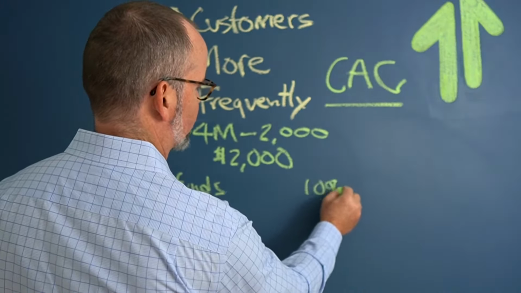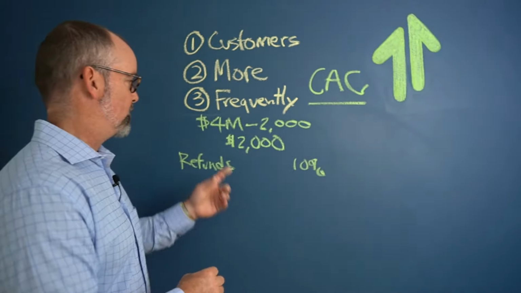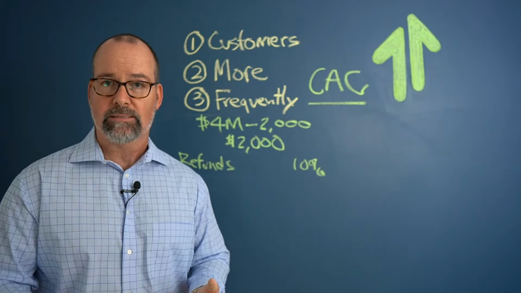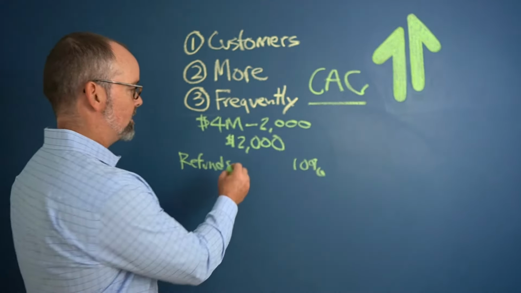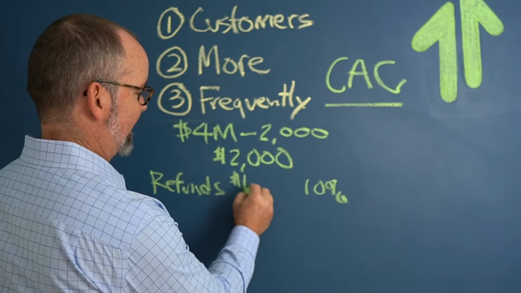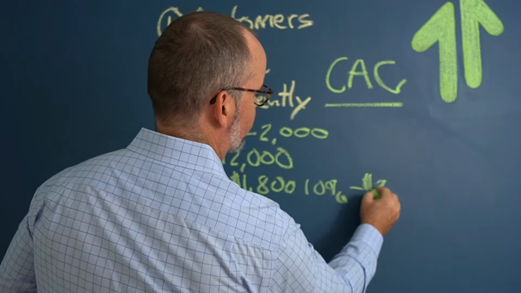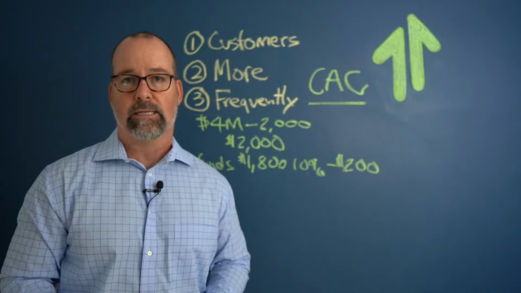Let's say 10%. So if we take away 10% from what a customer is worth for us, that is $200 in this particular case. So now we have the number 1,800. Okay, we just minus out $200, or 10% for refunds and cancellations.